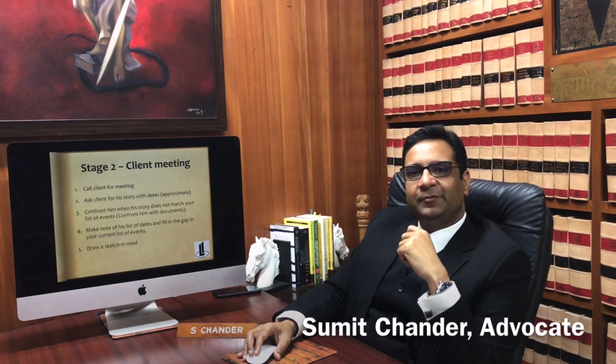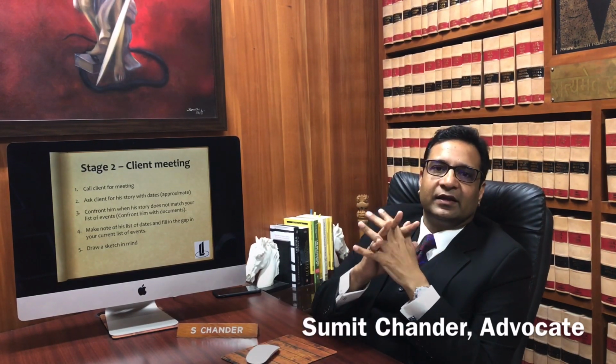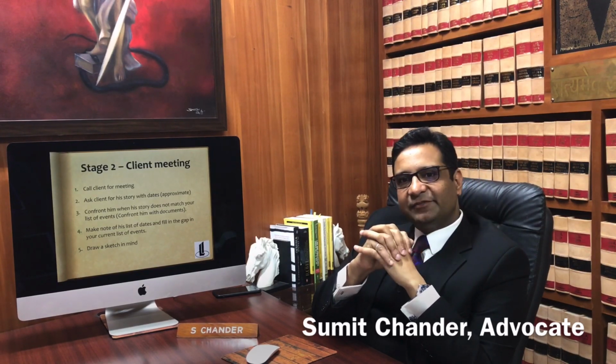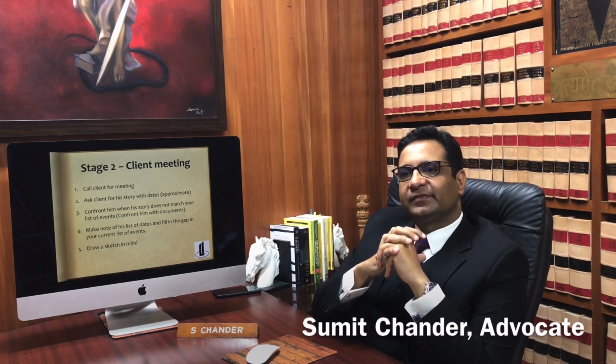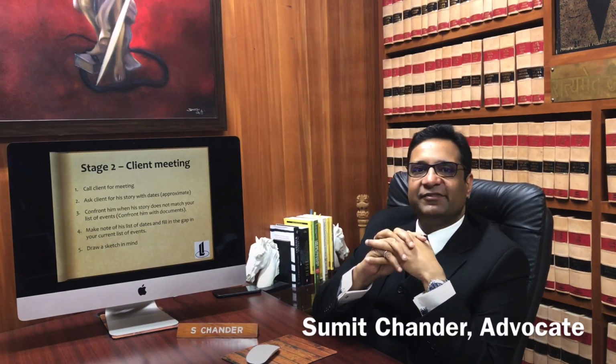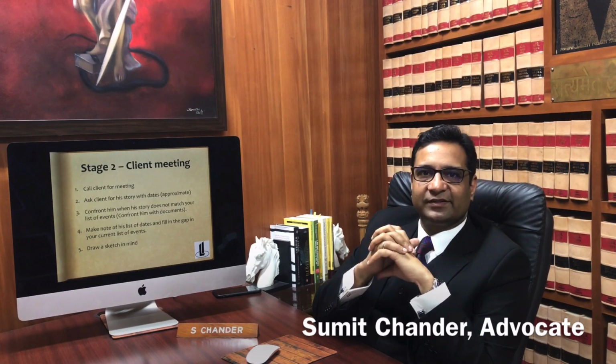Why? Let me give you an example. Supposing a date has been given on the top left corner and a different date is given at the time of signing of the document.